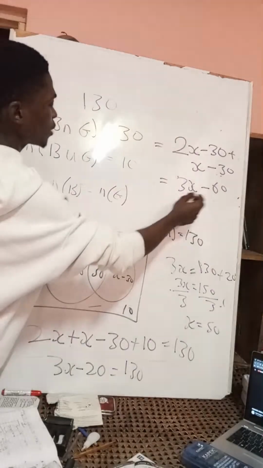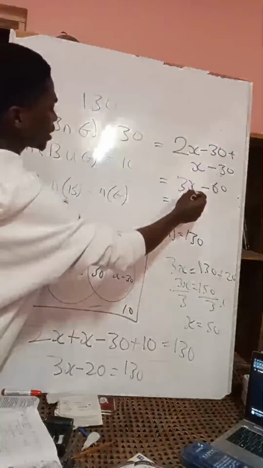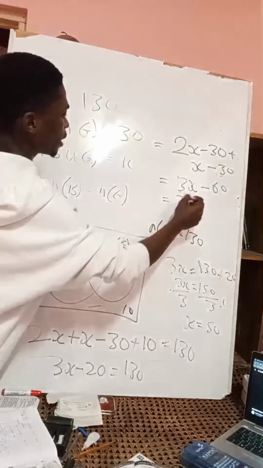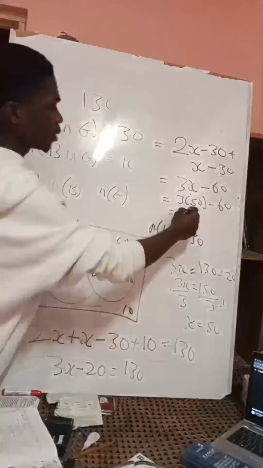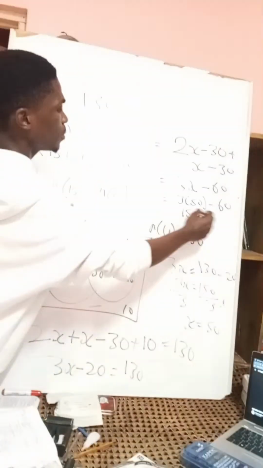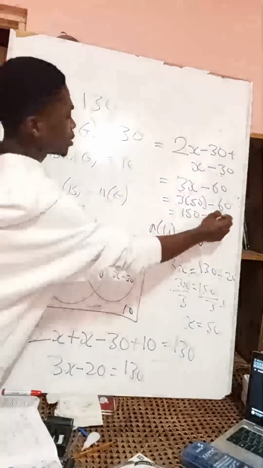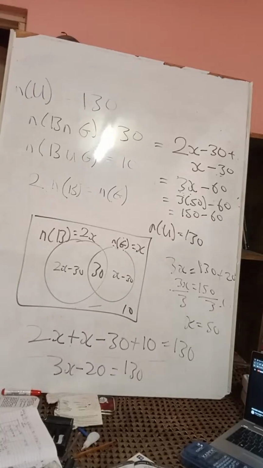And you have x to be 50, so it will be 3 times 50 minus 60. You have 150 minus 60.